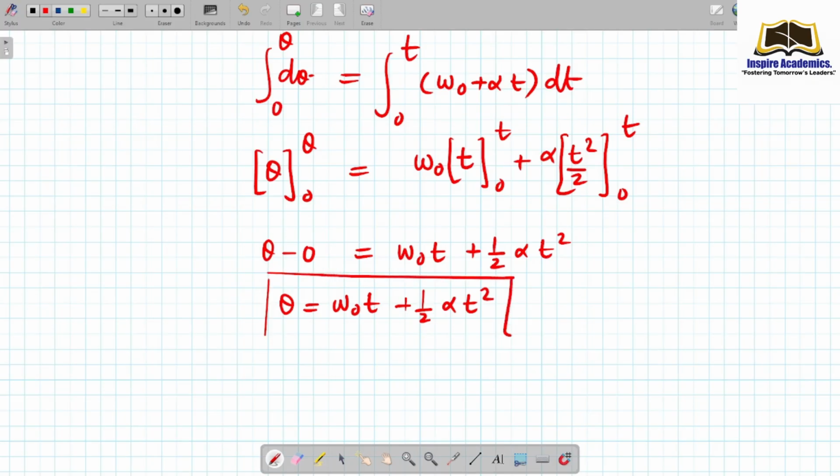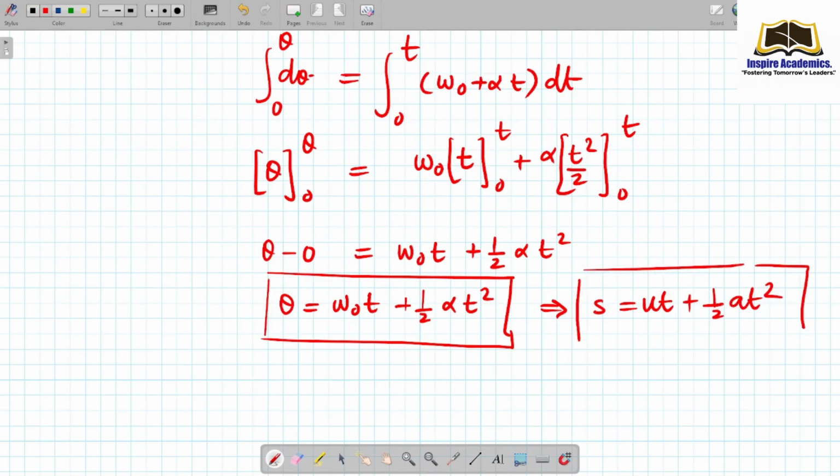So did you notice? This is very similar to what we had already seen as S is equal to ut plus half at square. लीनियर इक्वेशन में ये था और रोटेशनल इक्वेशन में थीटा इक्वल टू ओमेगा नॉट टी प्लस हाफ अल्फा टी स्क्वायर बन गया.